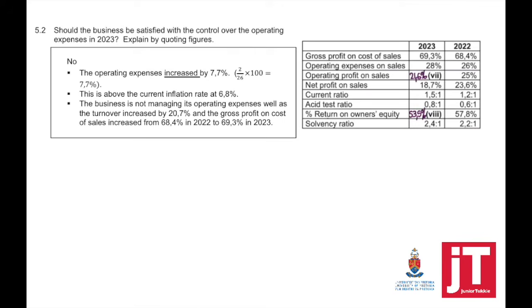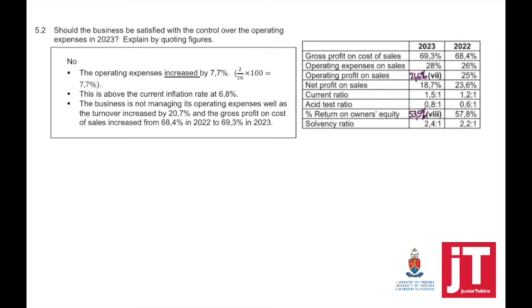Because if it increased by 7.7%, that is not well controlled if you consider the current inflation rate is between 6 and 7% more or less. Currently it's 6.8%. And then we look at the fact our sales increased by 20.7%.